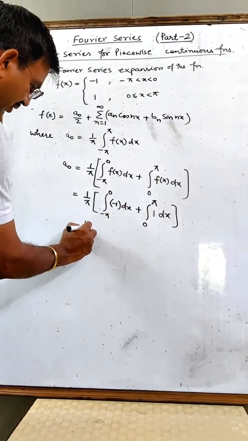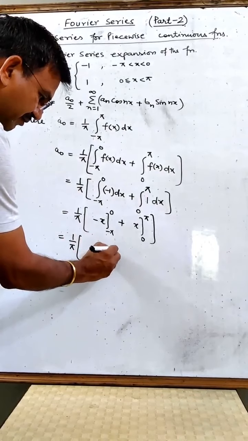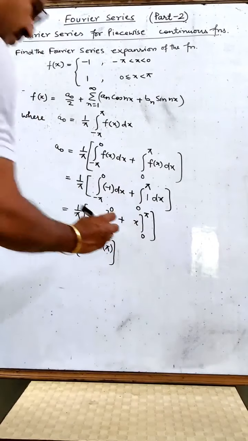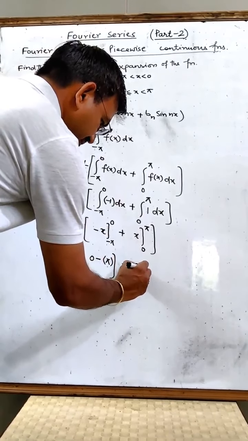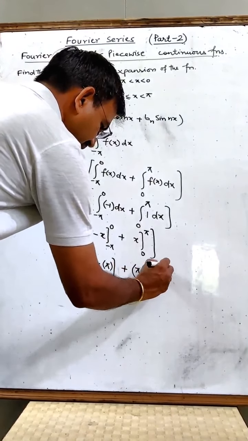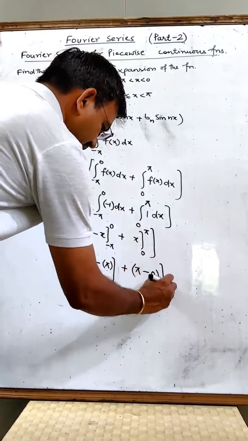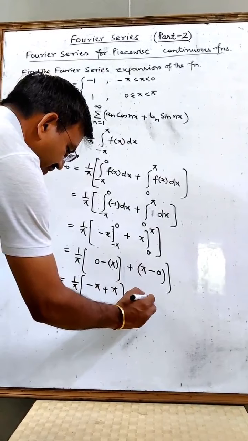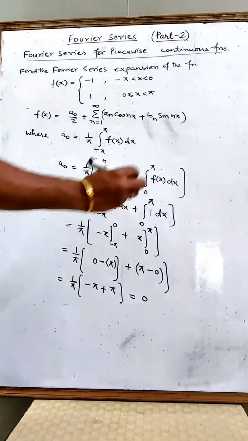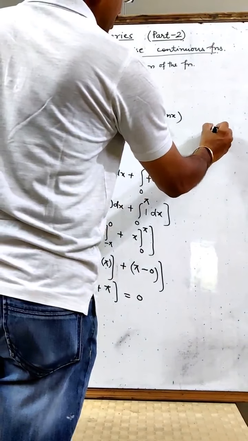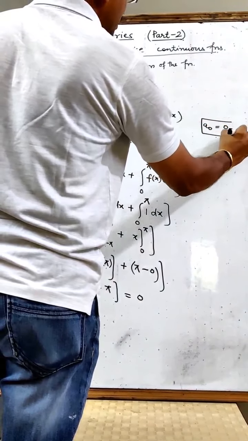Here the upper limit is 0 minus the lower limit, plus we can put the upper limit and lower limit directly, and it would be equal to 1 by pi, minus pi plus pi, and that is equal to 0. So I am writing here that a naught will be equal to 0.